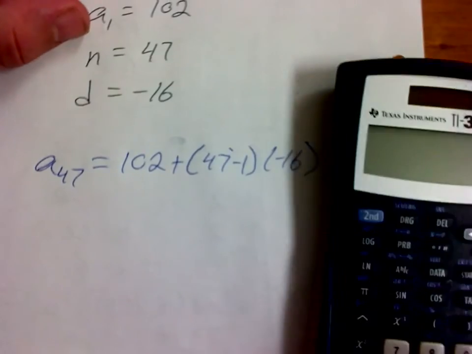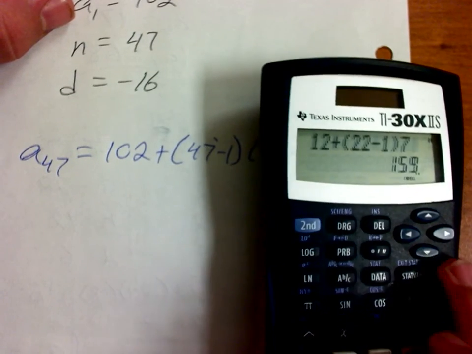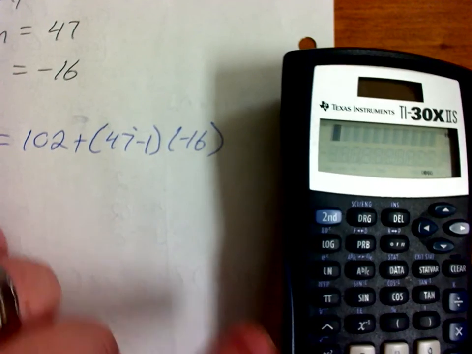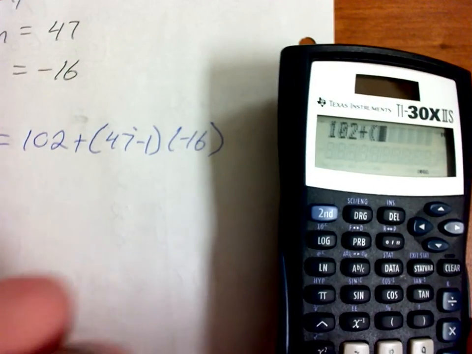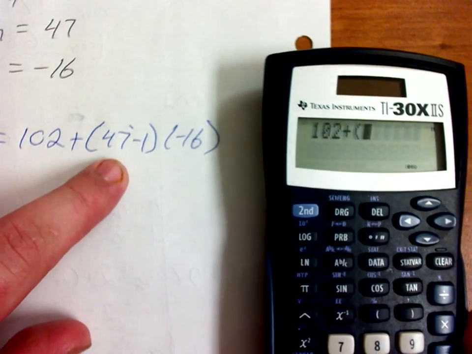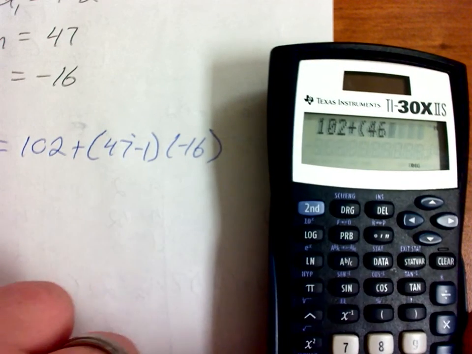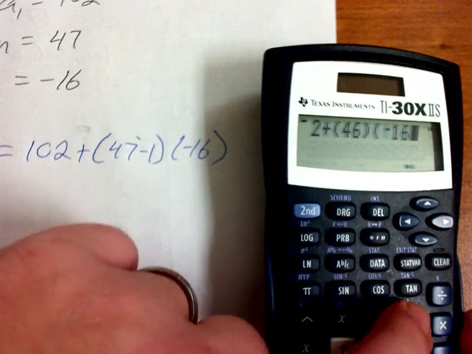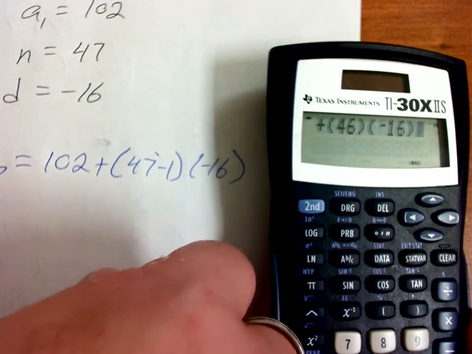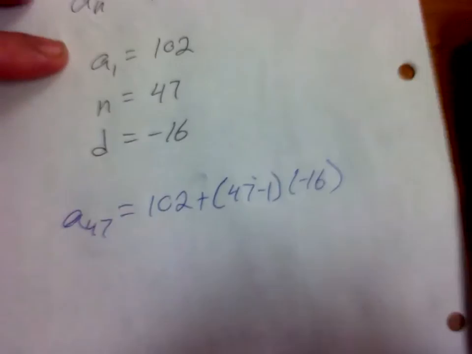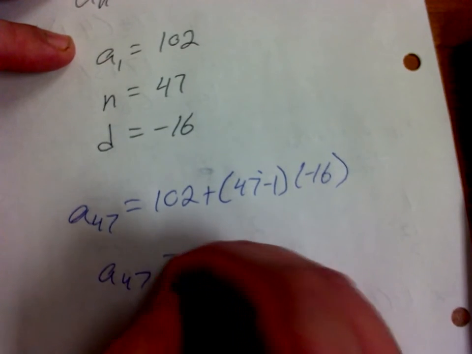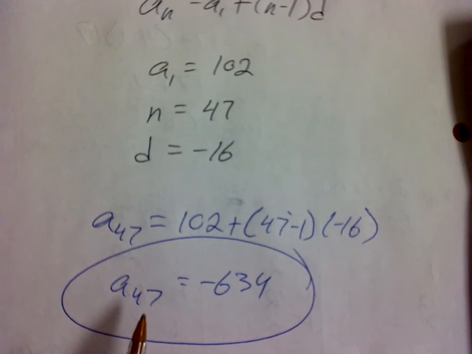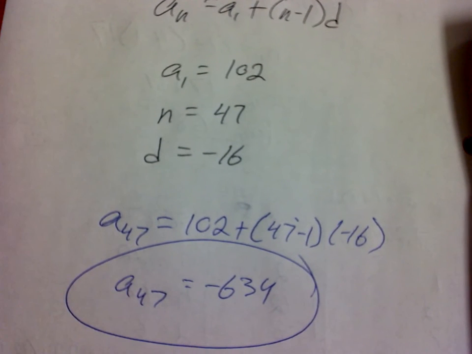So, once again, if we just bust out our handy-dandy calculator here, we can just plug our value in directly into here. So 102 plus, in parentheses, we can go ahead and do 47 minus 1 probably, though, to give us the 46 there. And then times the negative 16. Okay? Just enter it in exactly like it was. We ended up with negative 634, which is going to be the 47th term in this sequence.